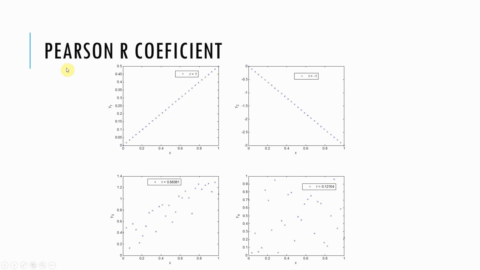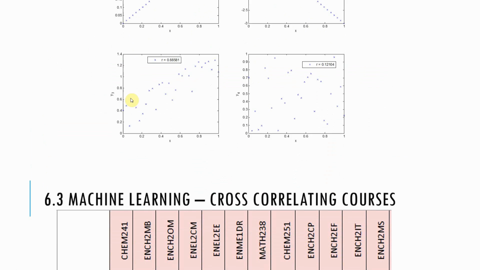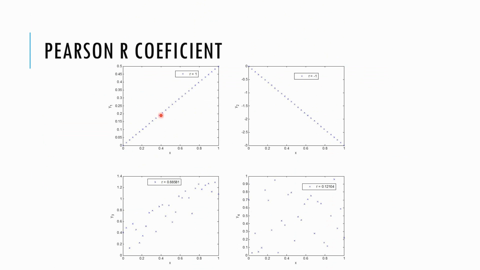So before we do, actually let's just define this Pearson R coefficient. So if we were to take a student's records, let's say in course 1, and plot those against the records in course 2, each point here will represent a student.